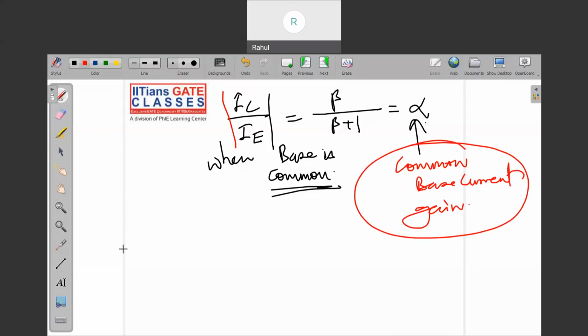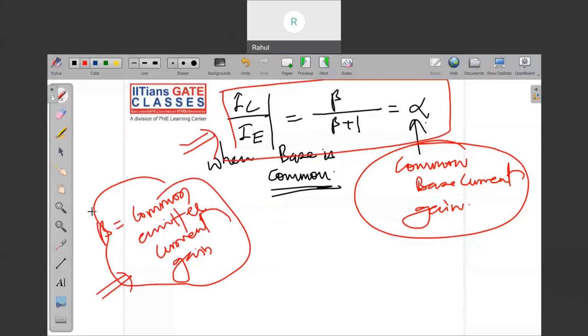Beta is known as the current gain. Please take care of this.